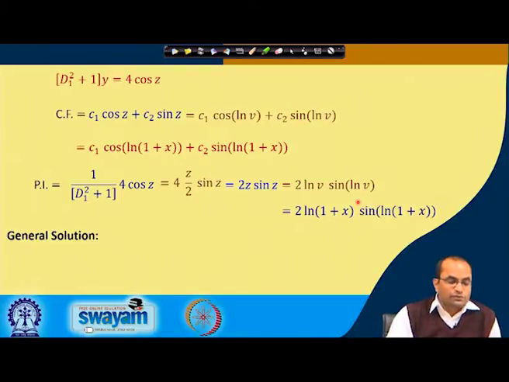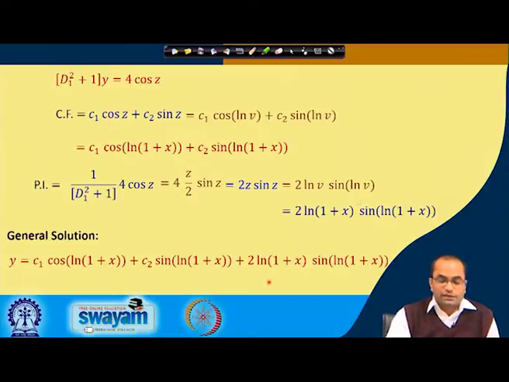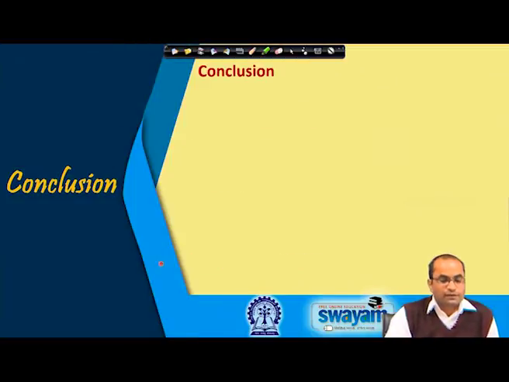And now the general solution we can write down: we add the complementary function to this particular integral, and this will be the general solution of the given differential equation, which was first converted to the Cauchy-Euler form, and then the Cauchy-Euler equation was changed to the linear equation with constant coefficients, and that we know how to solve with the help of the complementary function and the particular integral.